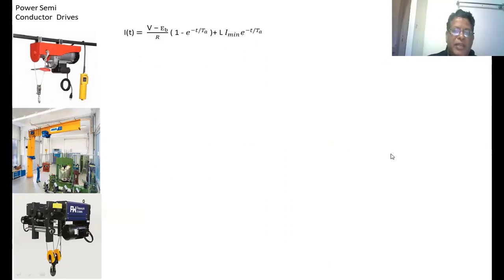Again, we have taken the same equation that we derived previously. I of t equal to V minus EB by R into 1 minus e to the power of minus t by ta, plus I minimum into e to the power of minus t by ta. Now we are applying the final boundary conditions. The final boundary condition is t equal to t on, I of t equal to I maximum.